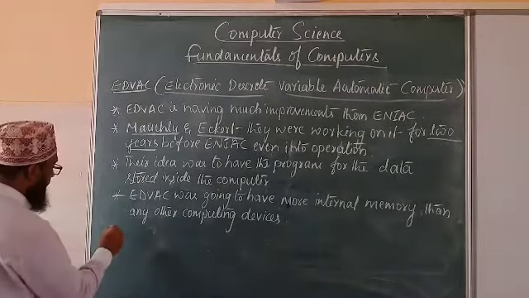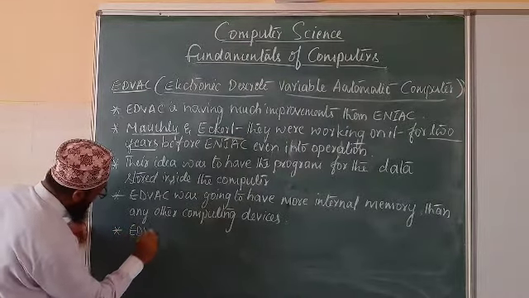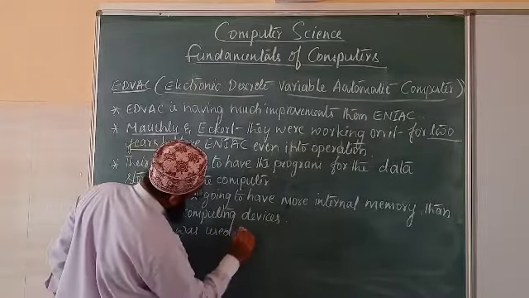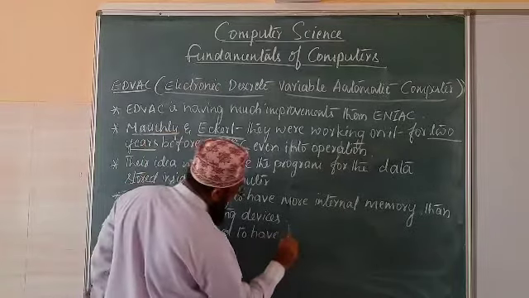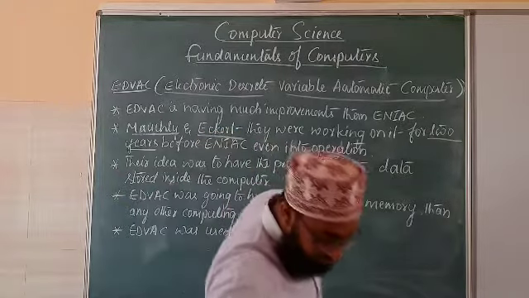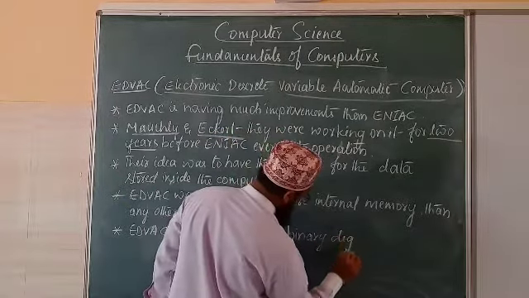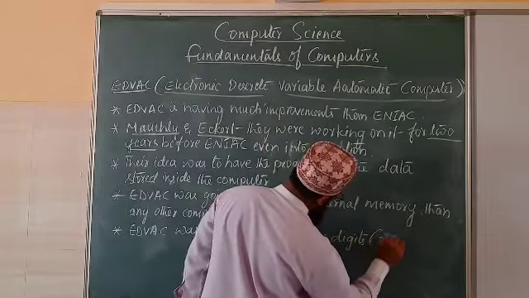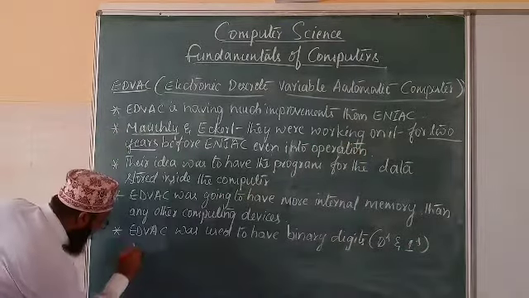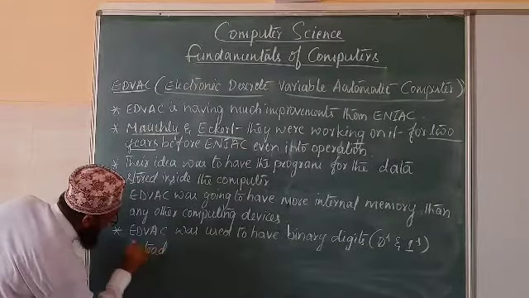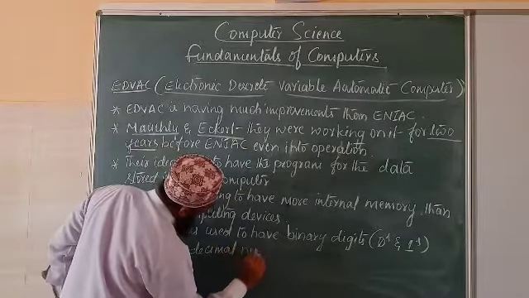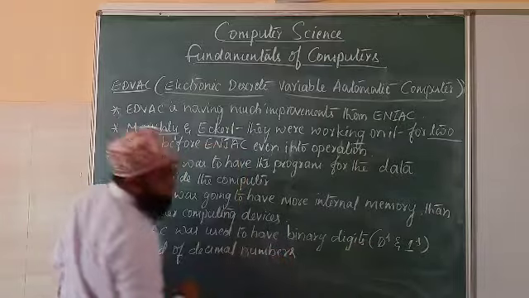Then the last point, EDVAC was used to have binary digits, that is zeros and ones, instead of decimal numbers. For what?